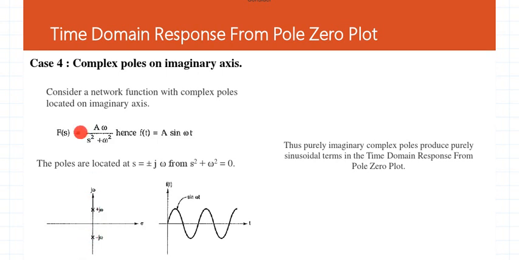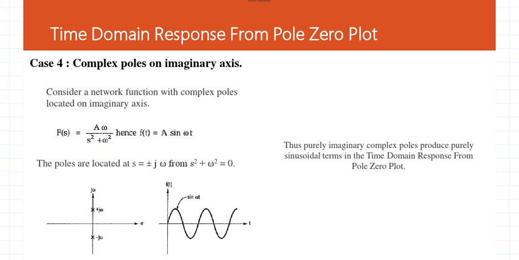The transfer function of such a system will be as shown here, where there will be a term s square plus omega square. How do we get the poles? We get the poles by equating this term to 0, right? And then we get two poles here, s as j omega and s as minus j omega.